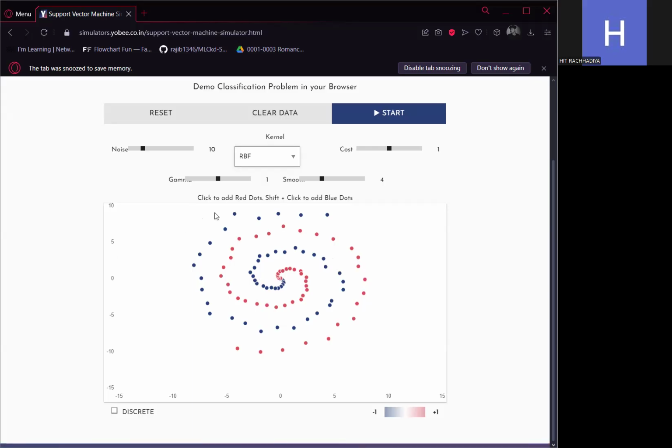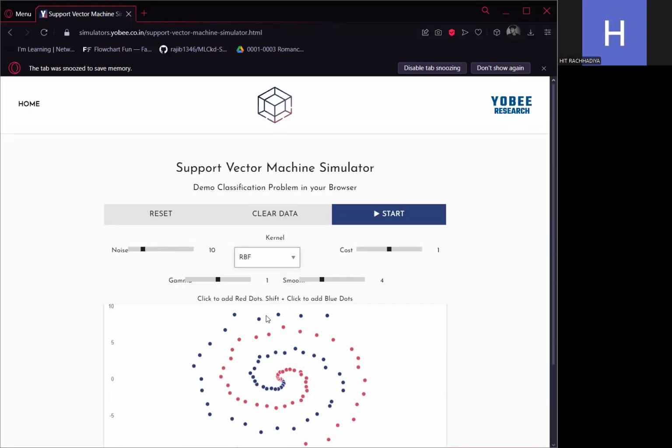For a high cost value, it penalizes misclassification heavily, leading to a narrower margin, and it focuses on correctly classifying training points, but it risks overfitting. In brief, cost is a regularization parameter that balances model complexity and error. So this is for the SVM.